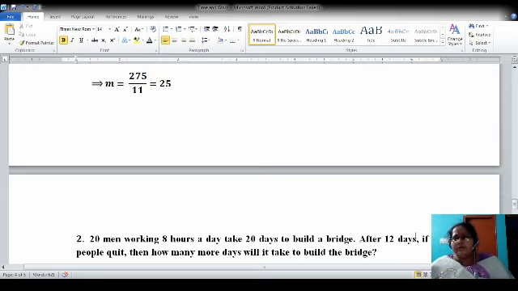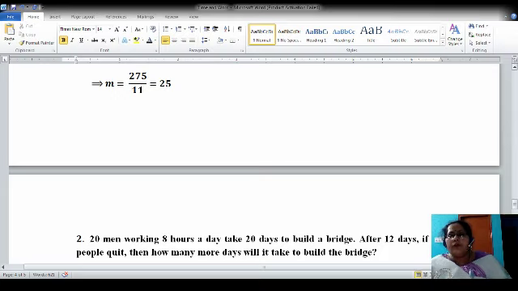After 12 days, if 12 people quit, then how many more days will it take to build the bridge? So here also we will frame a very similar equation by balancing the work done in both cases and then try to get our answer.